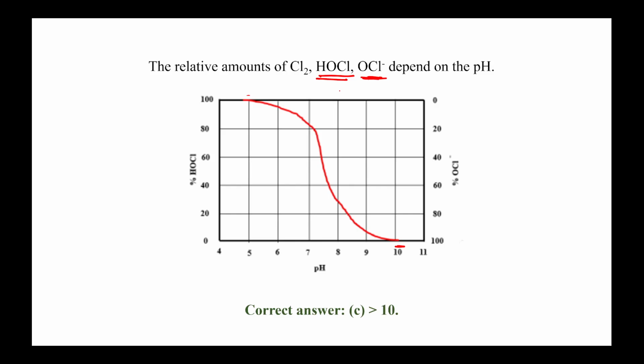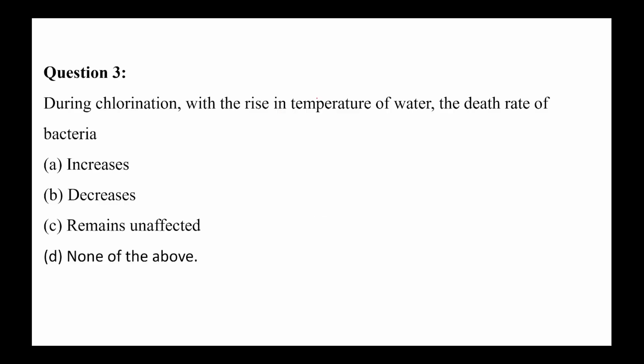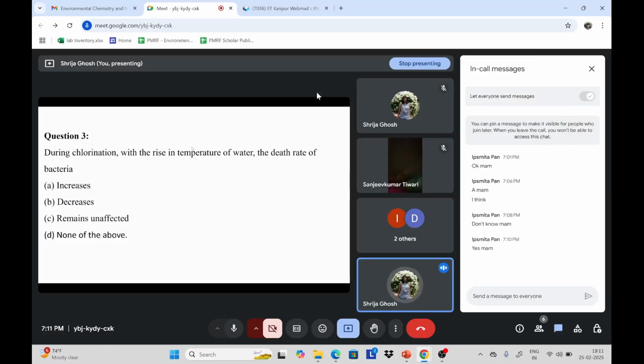Question number 3. During chlorination, with the rise in temperature of water, the death rate of bacteria, option A, increases, option B, decreases, option C, remains unaffected, and option D, none of the above.